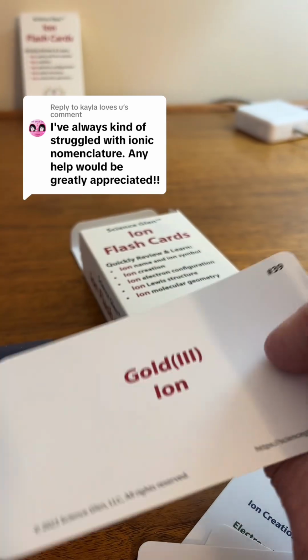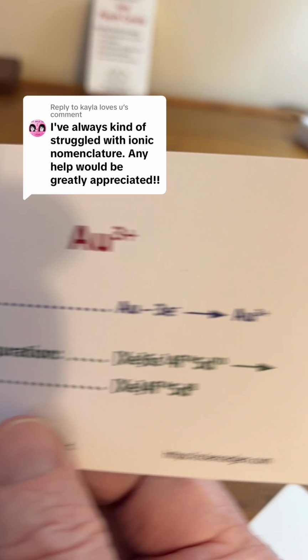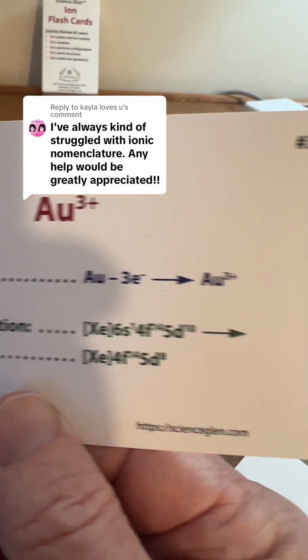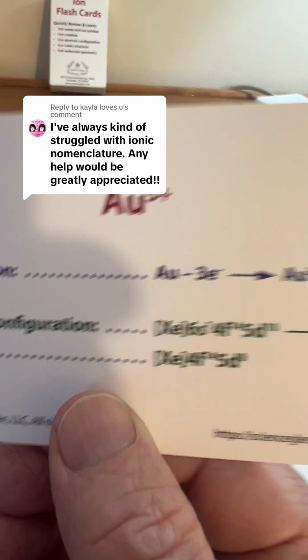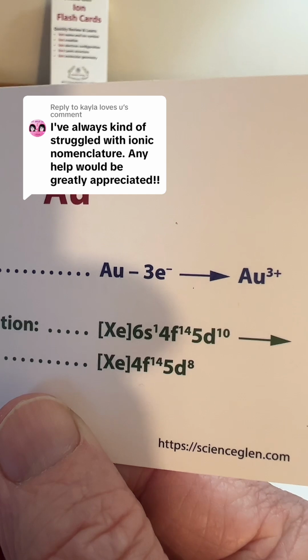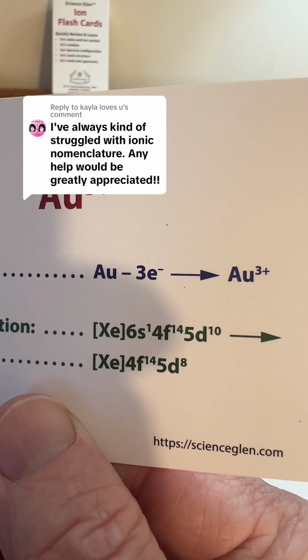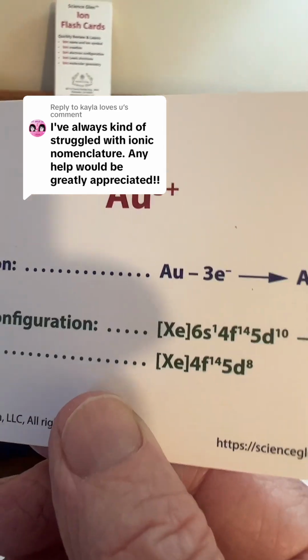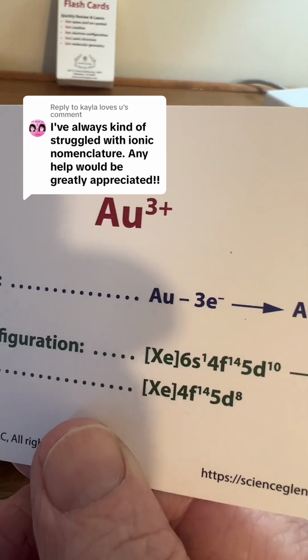It becomes Au3+. It used to be called aurum, that's why it's Au. If you look at this, it's losing the 6s1 electron, and it's losing 2 of the d electrons. Now that's gold 3, but there's also a gold 1.